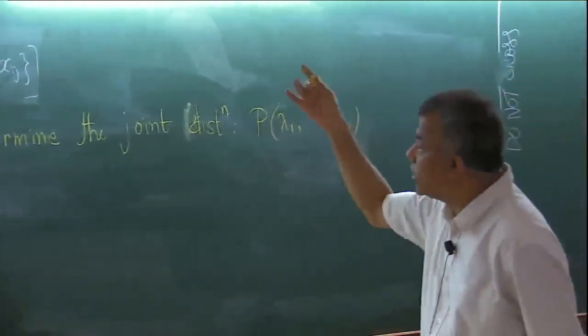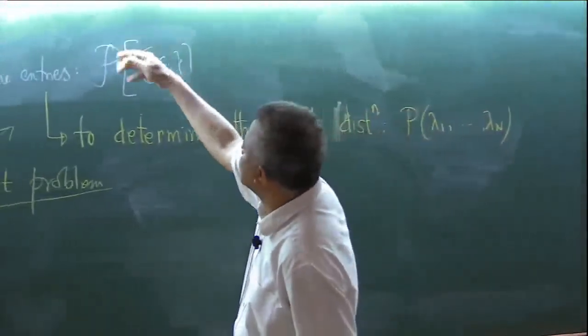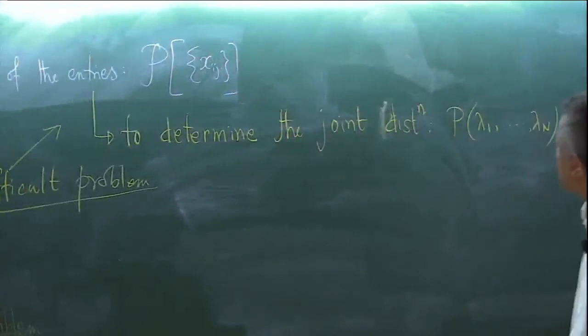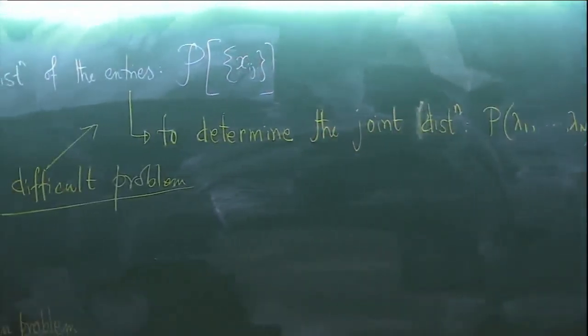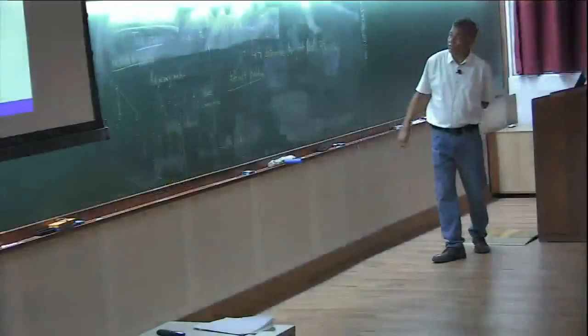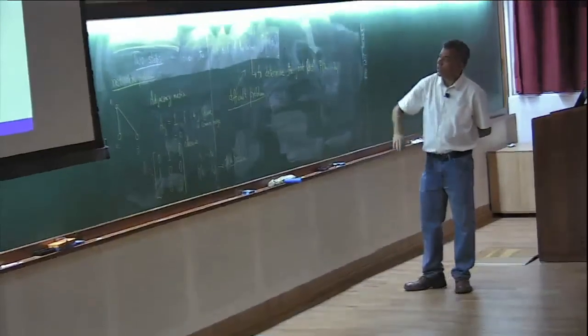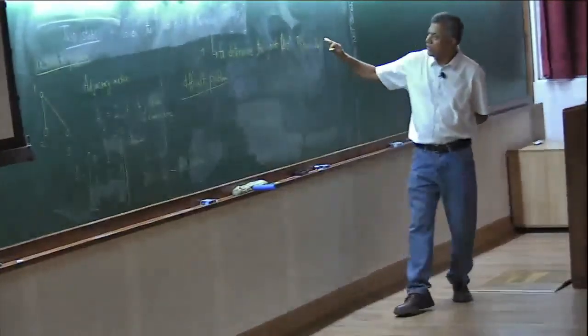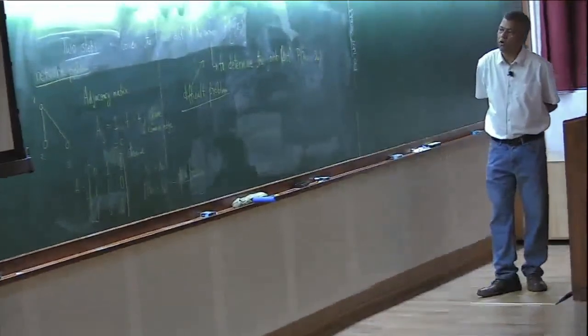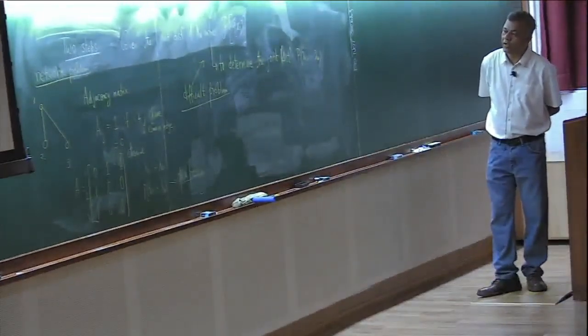I'll mention for which classes of distributions you can actually determine it. This is the first step of this problem. In some cases, if you are lucky, you might get an exact form for the joint distribution of eigenvalues.